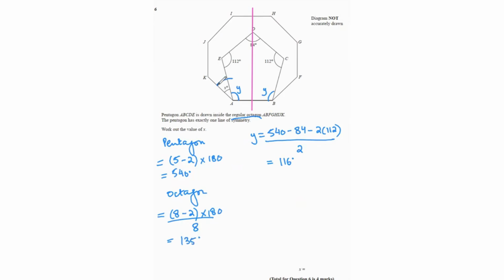So 135 is this entire angle. And a part of this is 116. So x is going to be 135 minus 116, which is going to give us 19 degrees as the value of x.